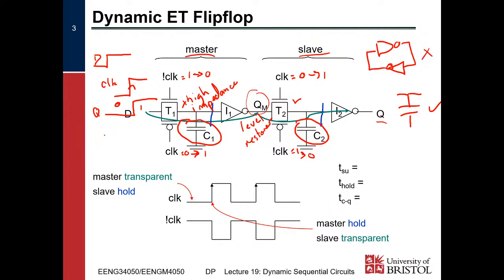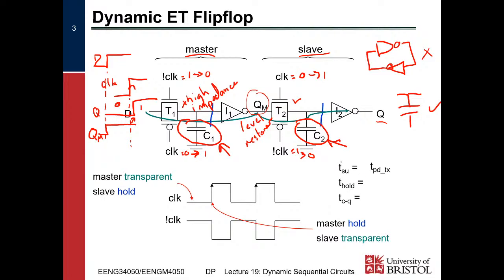It was originally 0 because QM, if we look down from D, would have transitioned to a 1 at this point, and then at this point QM gets propagated through to Q. Okay? So exactly the same style in terms of using a master latch and a slave latch to create a flip-flop. But the difference here is that rather than having the feedback loop and having to cut off that feedback loop, instead we can just store the value on these capacitors.